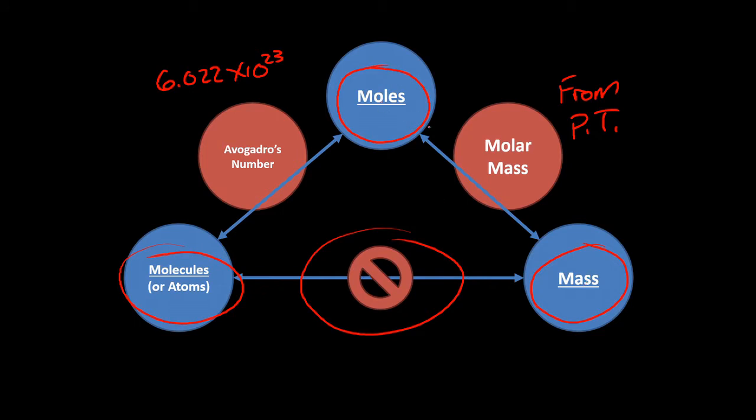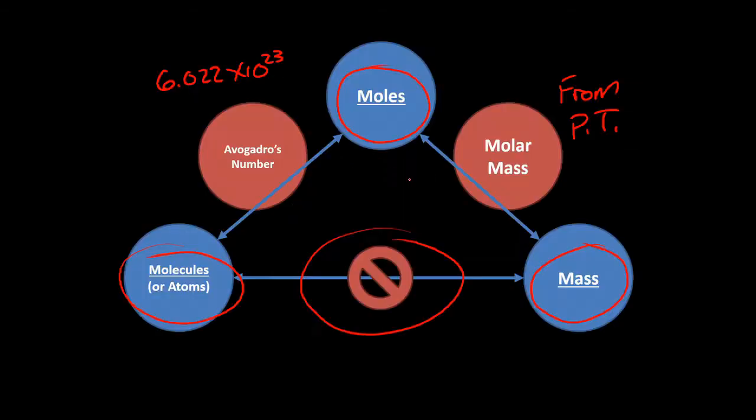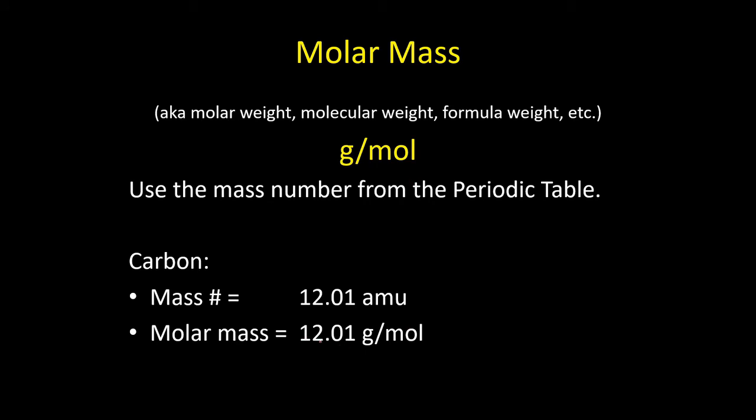The way to do that is with the molar mass from the periodic table. If you remember from a couple slides ago, the molar mass for carbon is 12.01 grams of carbon for every 1 mole. So again, that was from back here, 12.01 grams per mole.